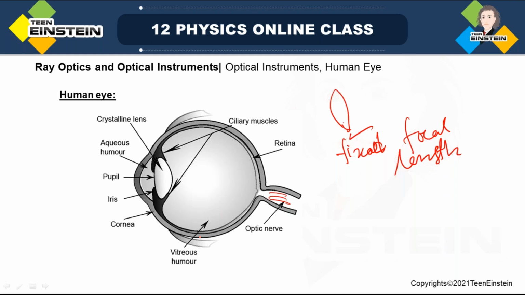So we'll see now how the human eye adjusts the focal length for far distant objects or for objects with smaller distance.